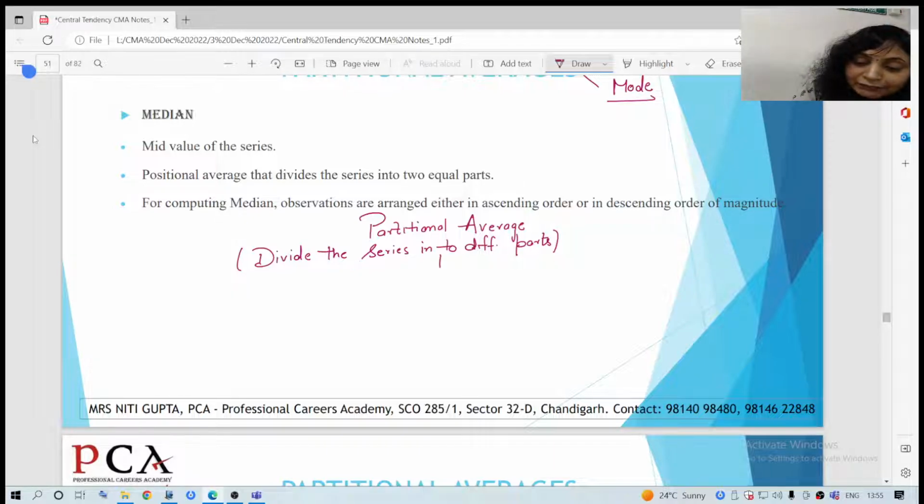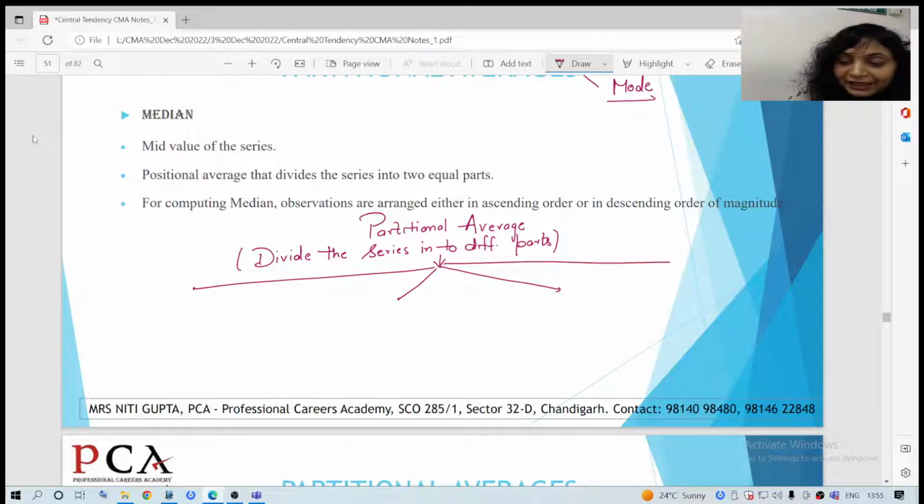In case of partitional averages, we basically have four averages: median, quartiles, deciles and percentiles. So these four are our partitional averages.